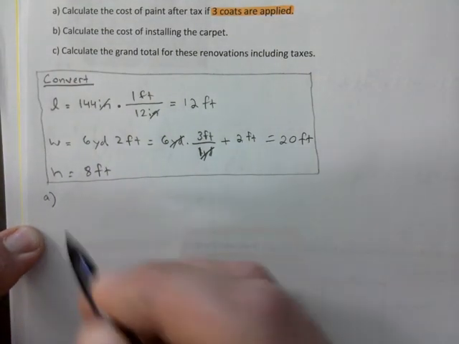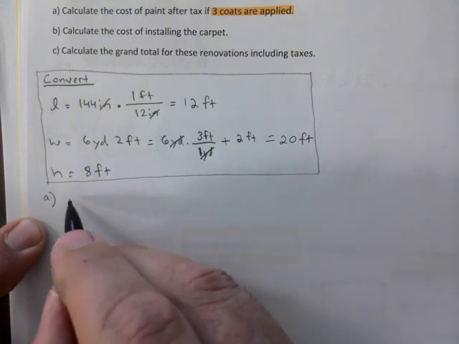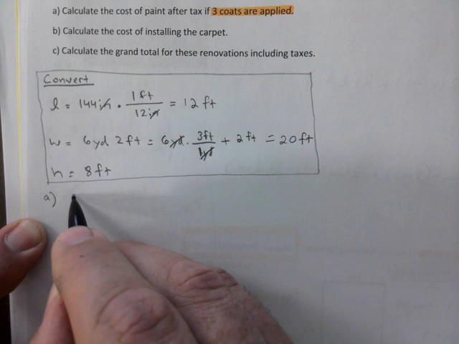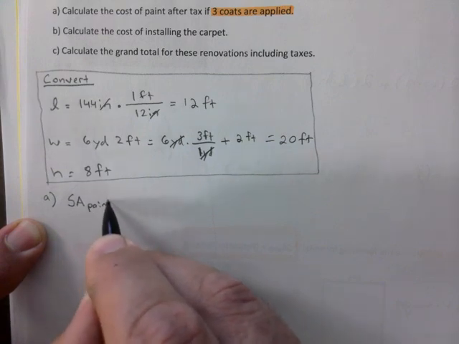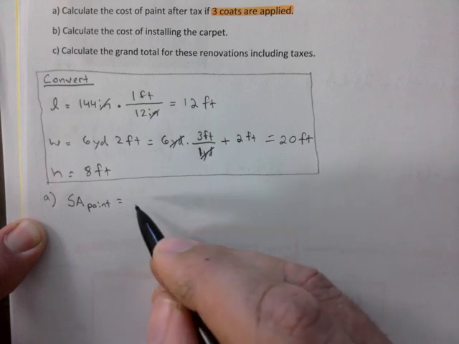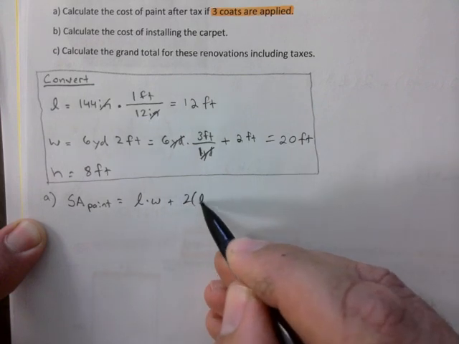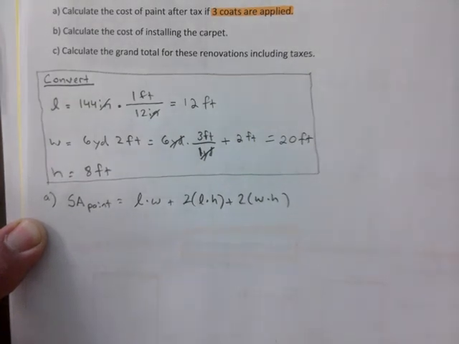I'm going to figure out the surface area to be painted. Okay. Surface area that needs to be painted would be, I need the ceiling and the walls. So length times width plus 2 times length times height plus 2 times width times height.